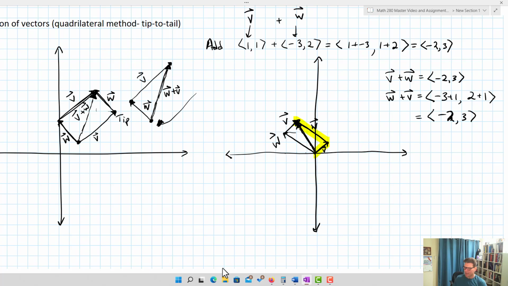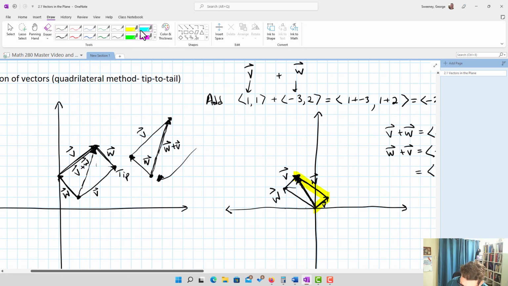In both cases, you can see, I'll use some highlighter, this vector and this vector are in fact equivalent vectors. They're not actually different vectors, they're just located at different positions. So when we're unanchored to the origin, when we're not using standard position vectors, you can still add tip to tail. You just have to consider the new position.